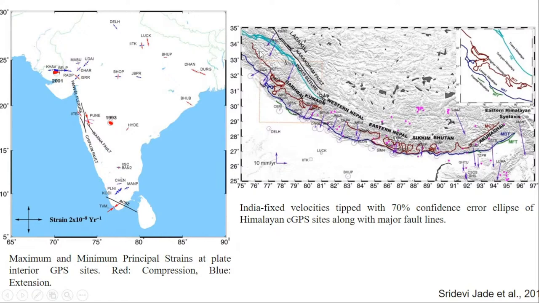And then this is the velocity with respect to the Indian plate. So we have fixed the Indian plate, and then this velocity has been estimated. What you observe is that here the velocity is very less, and they are moving mostly in the southwest direction.